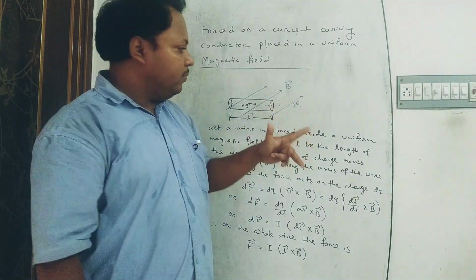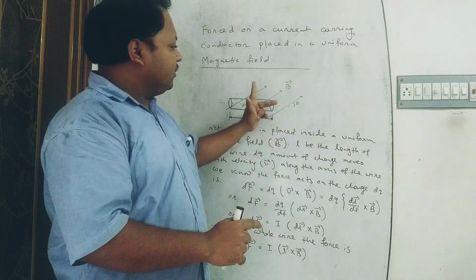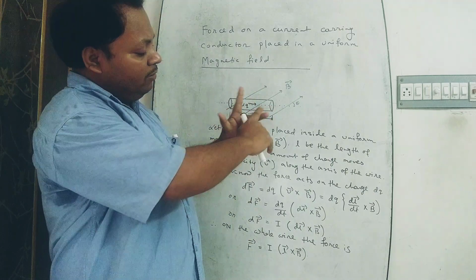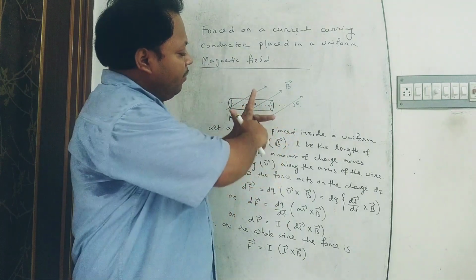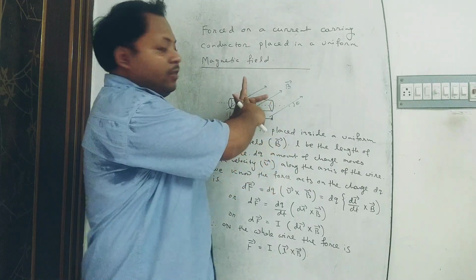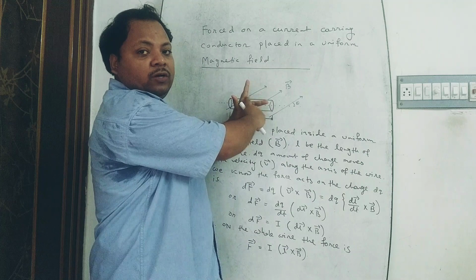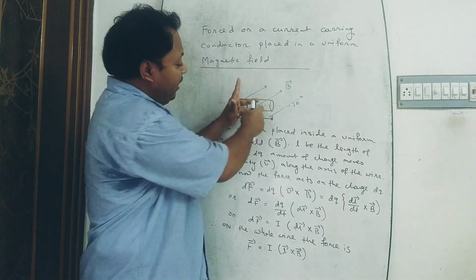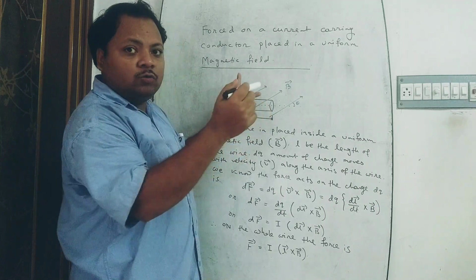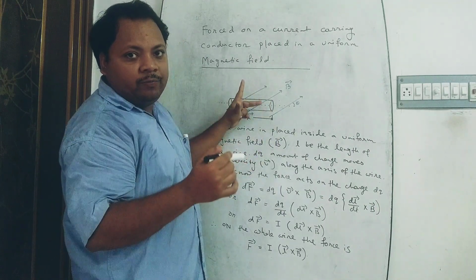Therefore, when the current flows along the middle finger and the magnetic field acts normal to the axis of the wire, the force on the wire is normal to the plane of the paper.